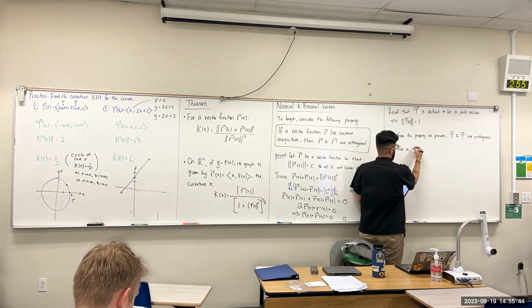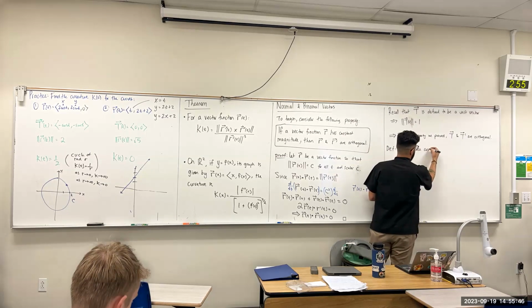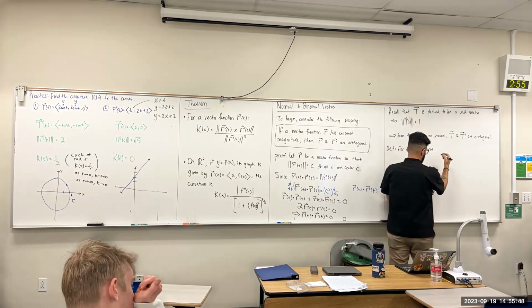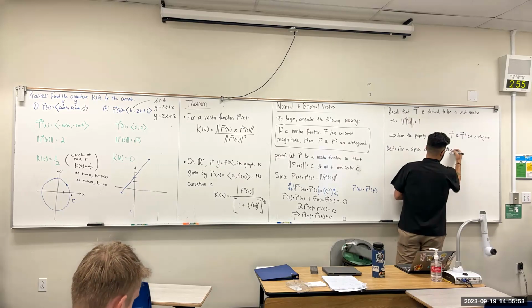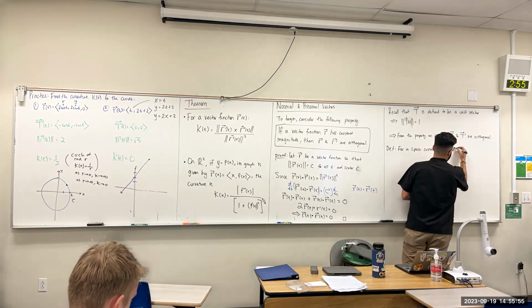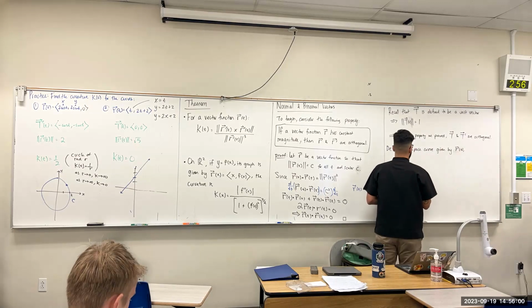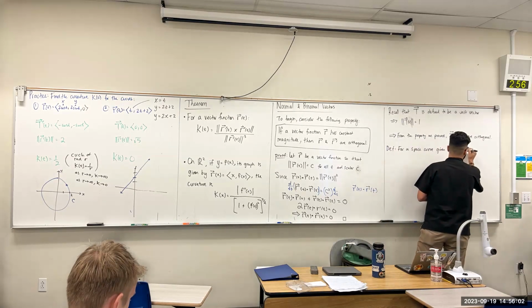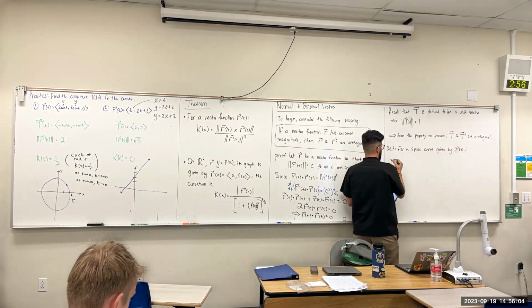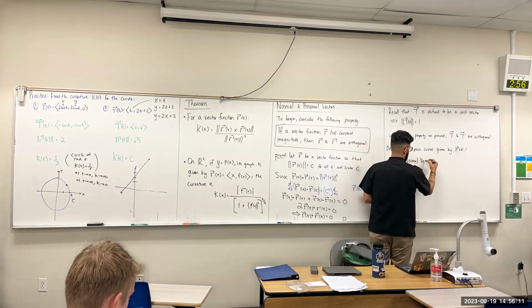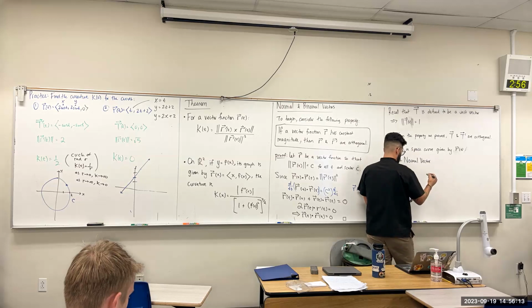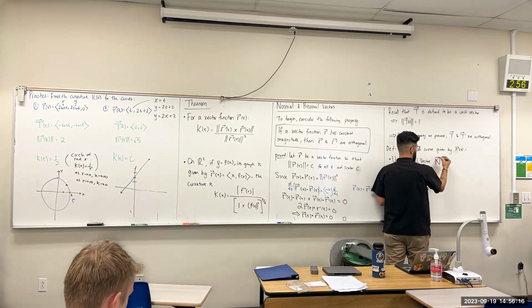So for a space curve given by r of t, we're going to define the unit normal vector to be N.